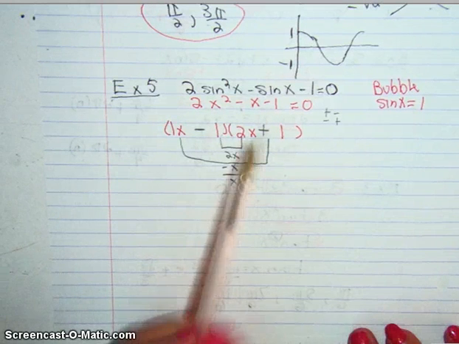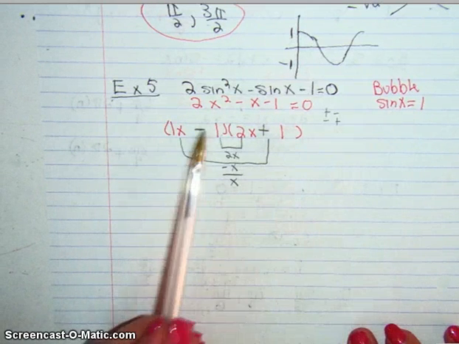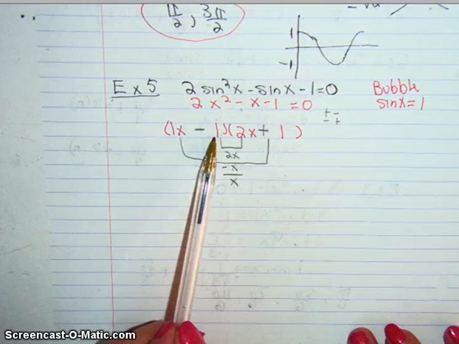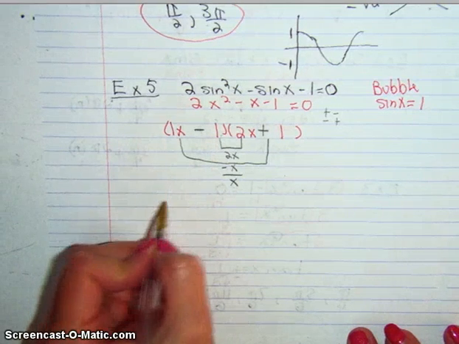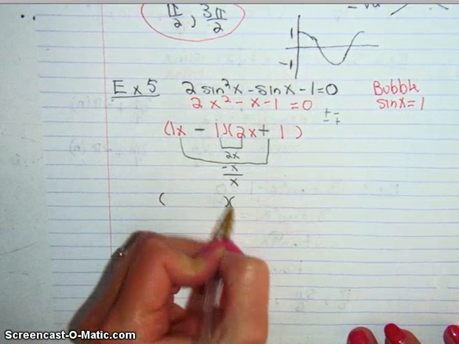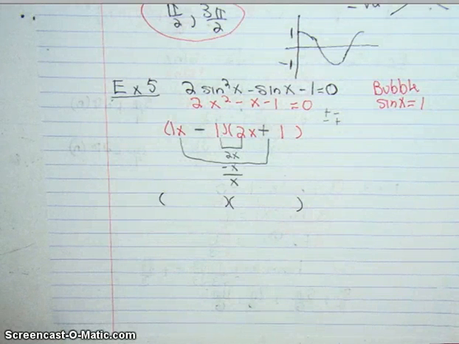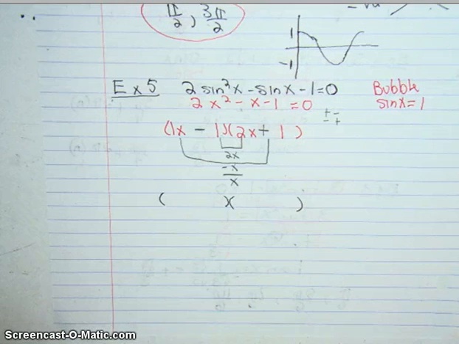At this point, guys, can you now put your sine x's back into these bubbles? Okay? So who can do that for me? Put the sine x's back into the bubbles. So not just x's, but sine x's. Who can do that for me?